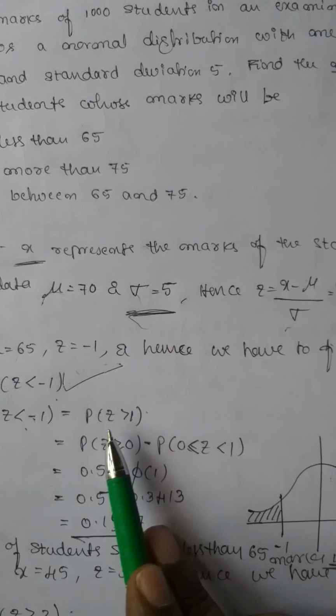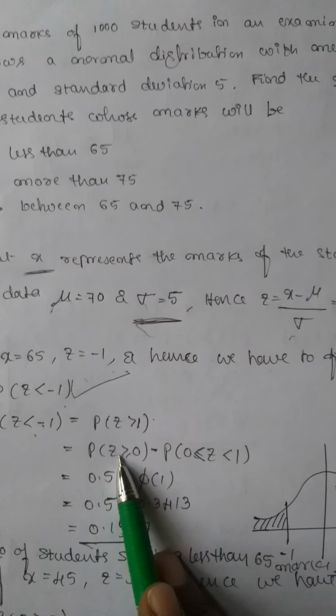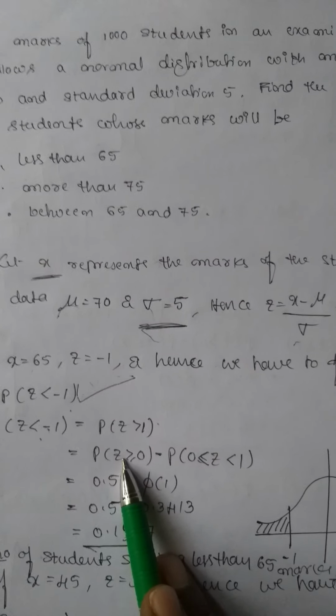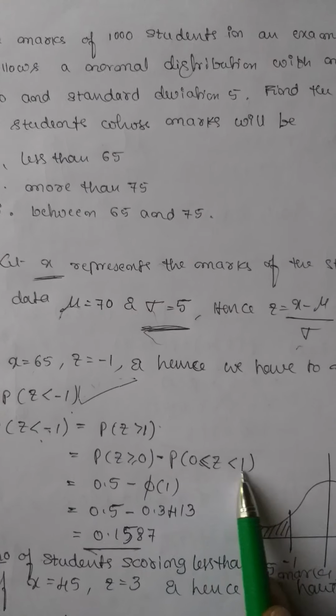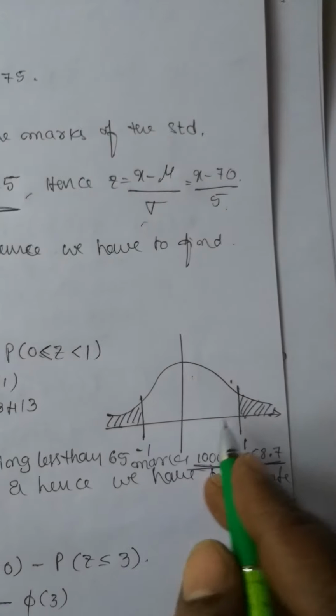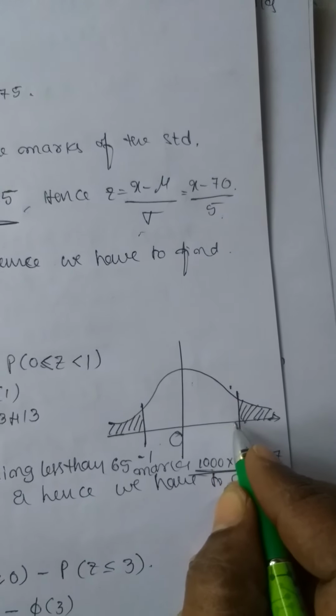As usual, to calculate P of z greater than 1, first I will consider the entire right side of the curve, that is z greater than or equal to 0. From there, I am going to subtract the area from 0 to 1.